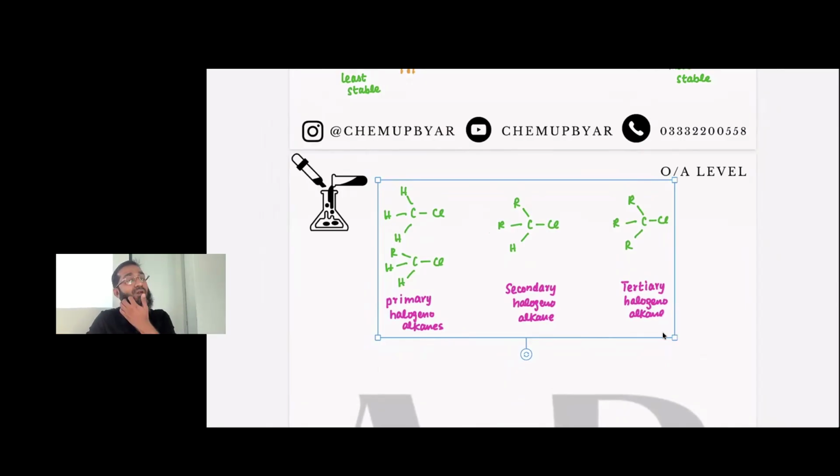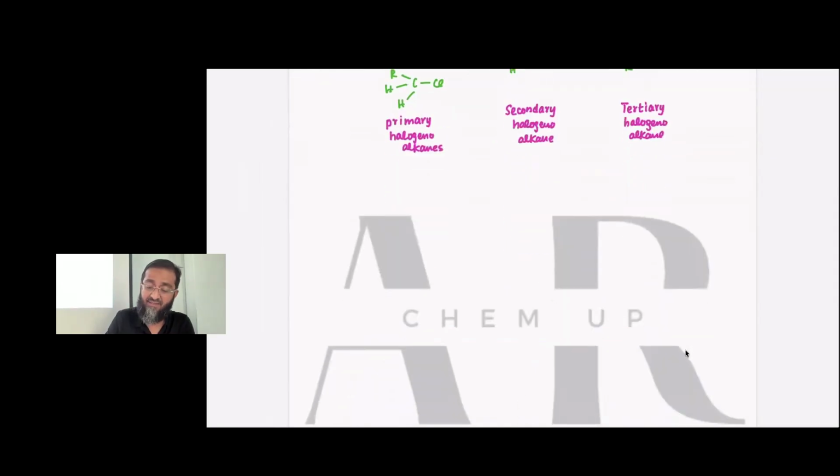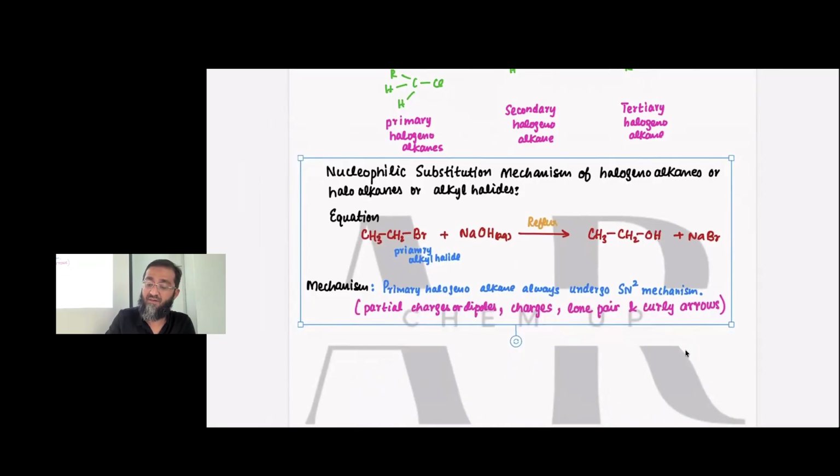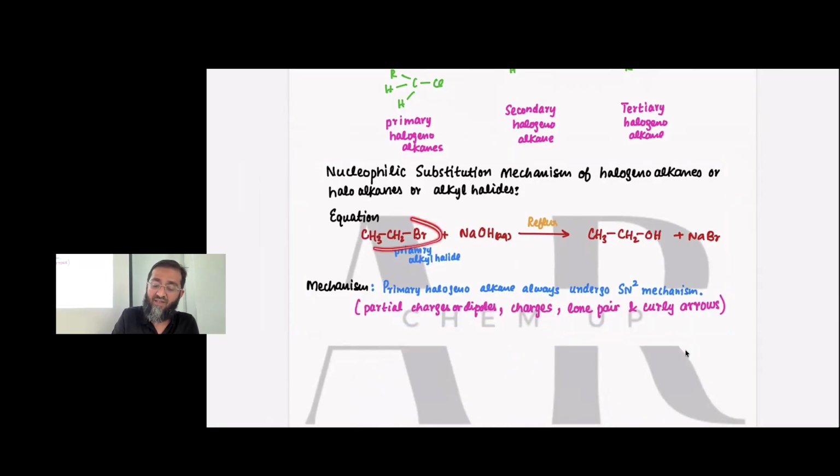Now, we are going to discuss the first nucleophilic substitution mechanism, and that is the nucleophilic mechanism of the halogenoalkanes. See, we have a halogenoalkane that is reacting with sodium hydroxide in aqueous condition, and we know that the halogen is displaced by the OH group, forming an alcohol.